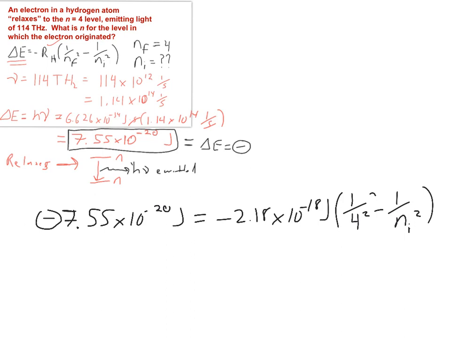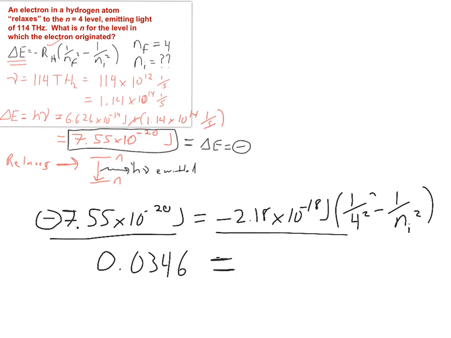So we can combine terms, divide both sides by the Rydberg constant. So we get 0.0346, dividing both sides by negative 2.18 times 10 to the minus 18. It's equal to 1 over 16.